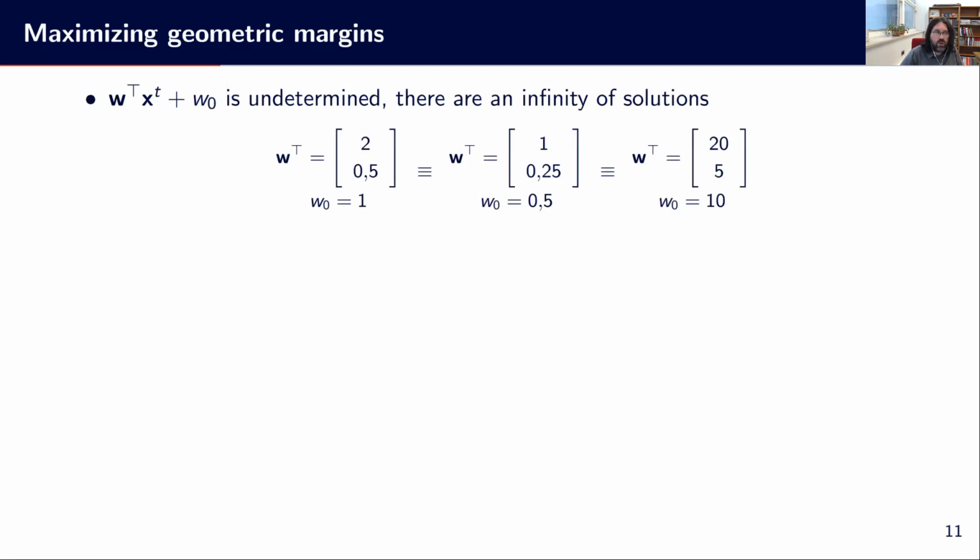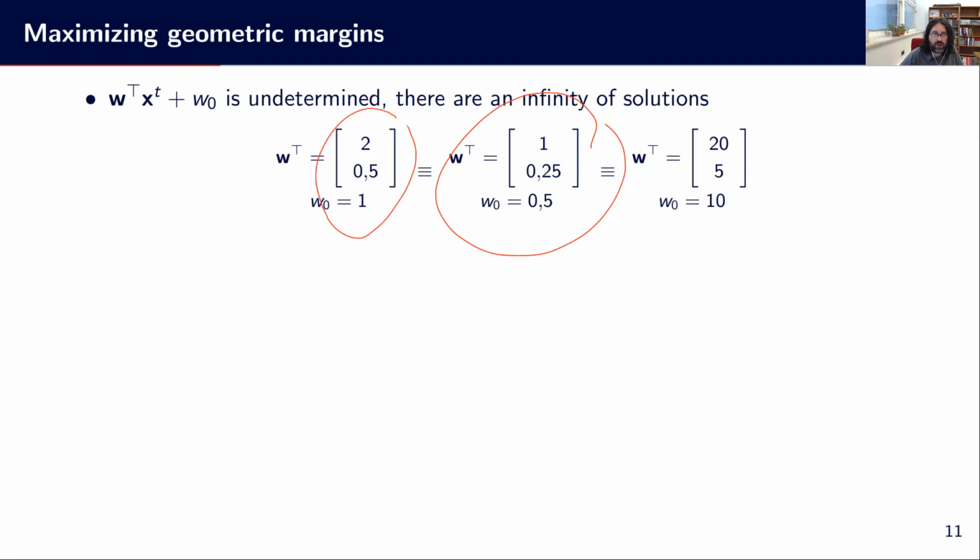One other thing we need to take into account is that W transpose xt plus W0 is underdetermined. There are more variables than equations, so there is an infinity of solutions. For example, if we have a vector of 2, 5 with a constant W0 of 1, and we multiply everything by 0.5, dividing by 2, we get this configuration, which is all numbers divided by 2.